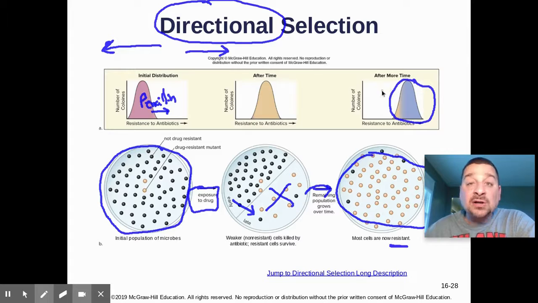So we need stronger and stronger antibiotics to deal with populations of bacteria that are resistant to ones that we used to use. A lot of it is because of prescribing them and also misuse, not taking all of them. So this is directional selection. That bell curve is moving in one direction towards one extreme phenotype away from another.